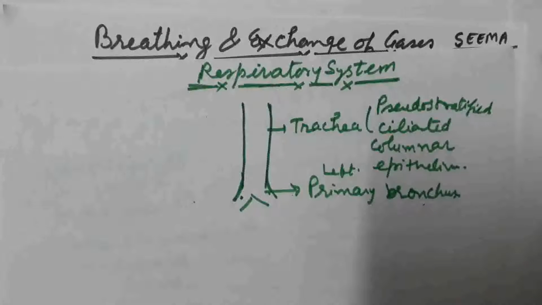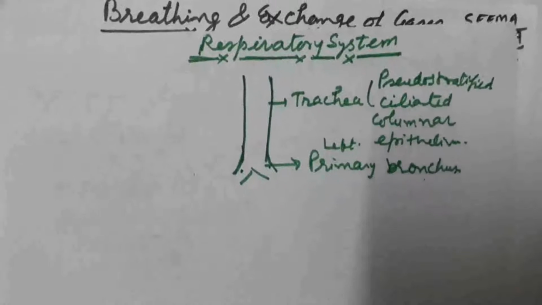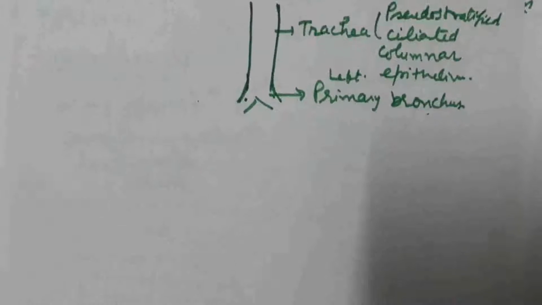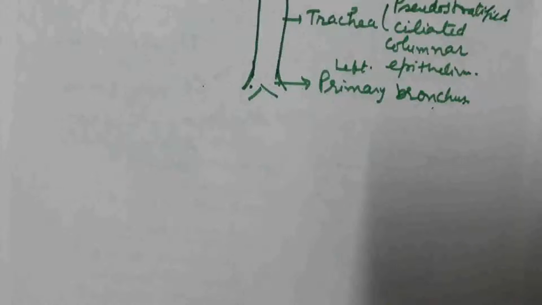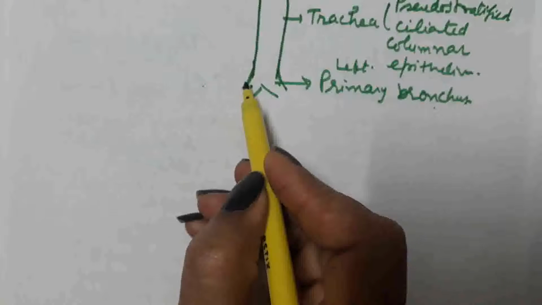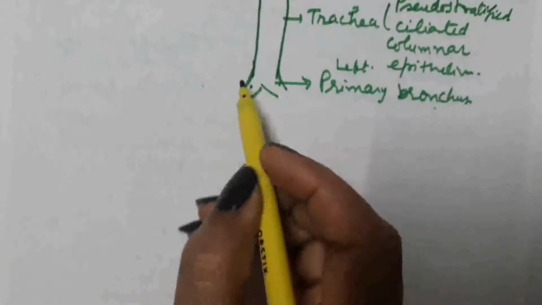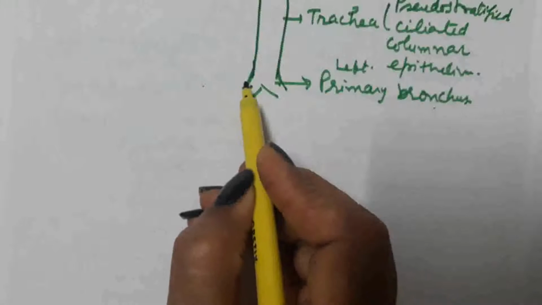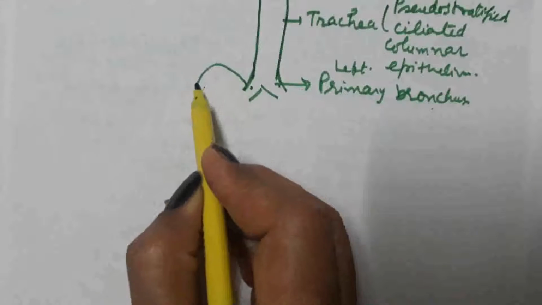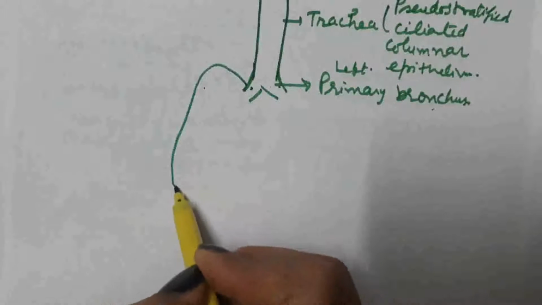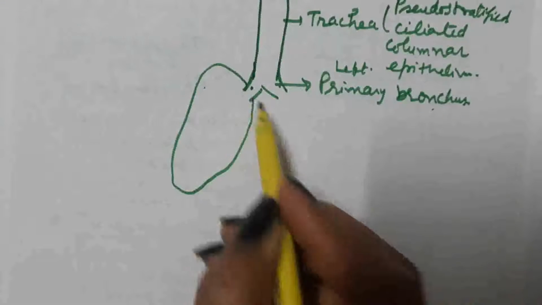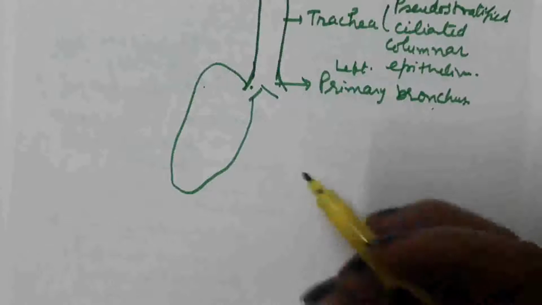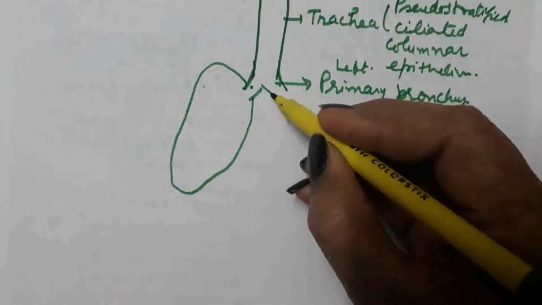These branches now enter inside the lungs. This is the right lung, somewhat triangular in shape, and this is the left lung.